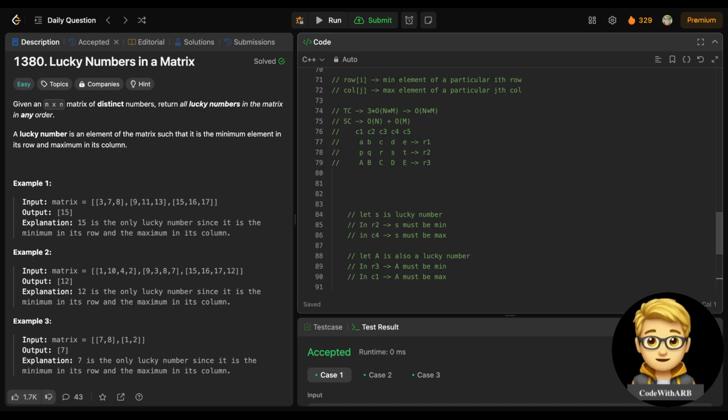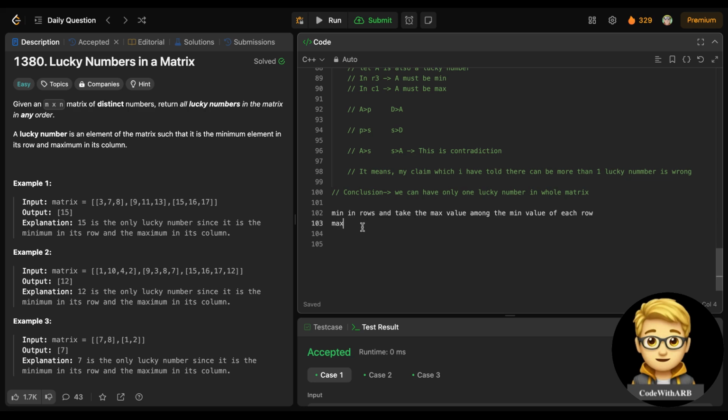Also we need to find the max value in a particular column, but it should be minimum in its row. So we will find the max in columns and take the min value among the max values of each column.